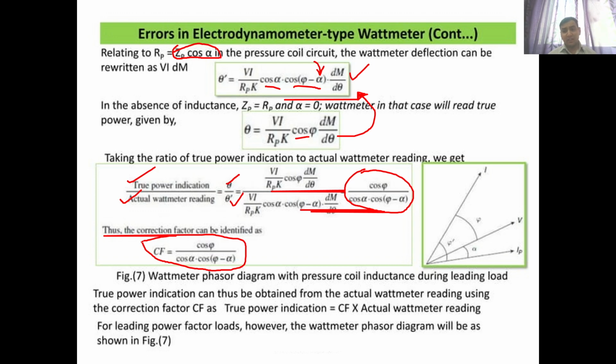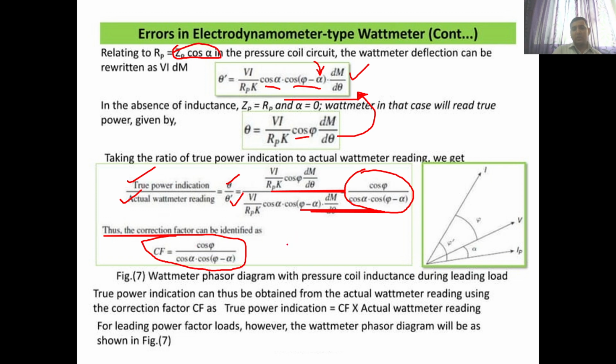In figure 7 it is also suggested that for a pressure coil during the leading load, the true power is the actual wattmeter reading multiplied by the correction factor. When we want the true power, the correction factor can be multiplied with the actual wattmeter reading.